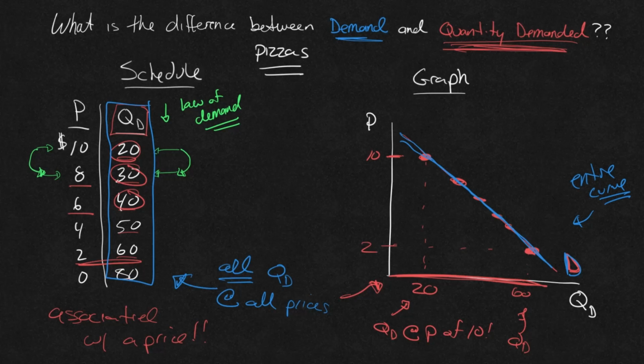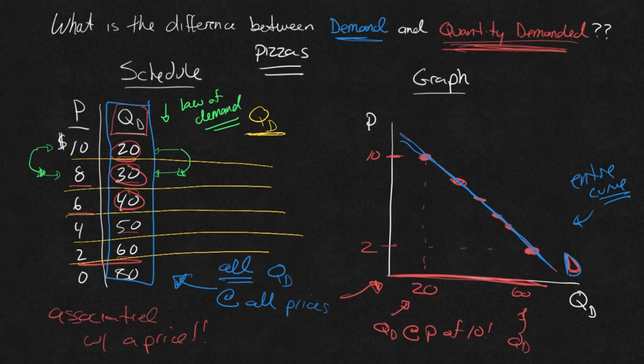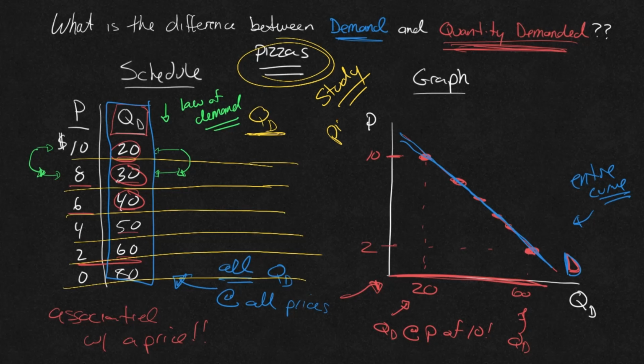We could see demand change overall, right? Let me go ahead and put a brand new level of quantity demanded that are still associated with each price. Because remember we're looking at pizzas, let's say there's a new study that comes out, a study that says pizza is healthy.